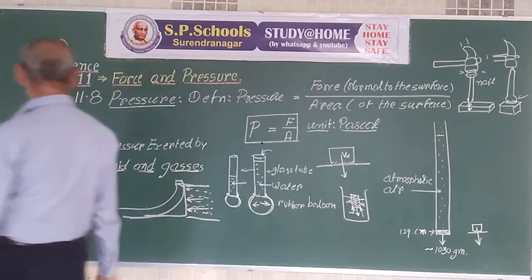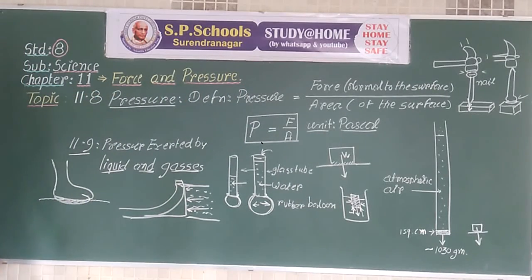Whereas for a cow or a goat, the foot is very small. So the pressure exerted by the foot is higher.